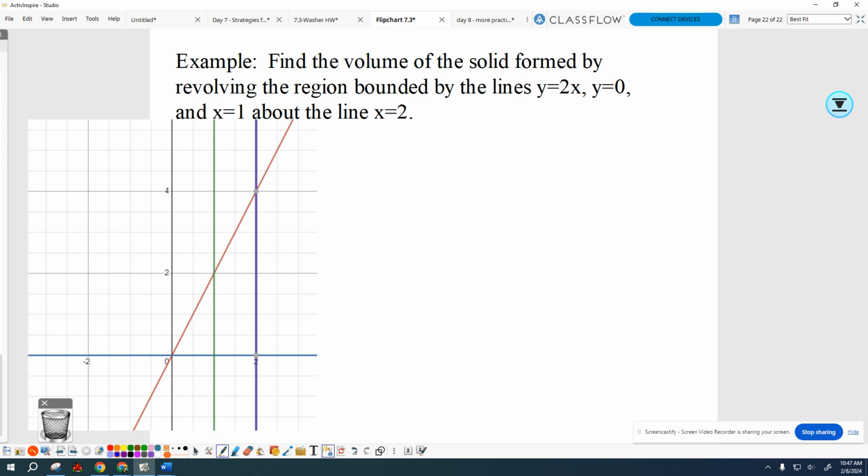So this stuff rotated to here. Is it a solid or does it have a hole that was drilled out? There's a hole. What is the radius of the big outside thing?